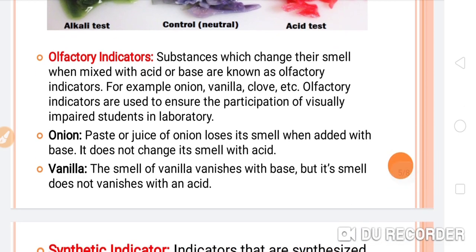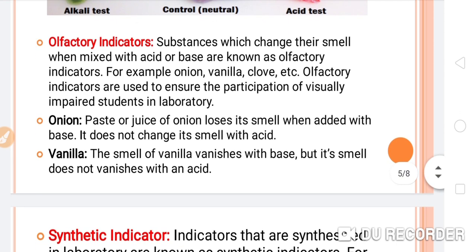Now next, the olfactory indicators. Some substances which change their smell when mixed with acid or base are known as olfactory indicators, meaning that with the help of the change in odor, the change in smell, we can identify which solution is acidic and which is basic.